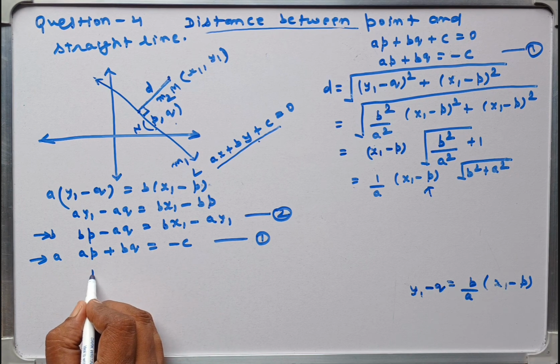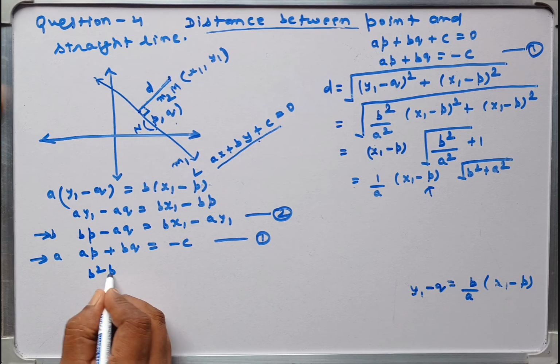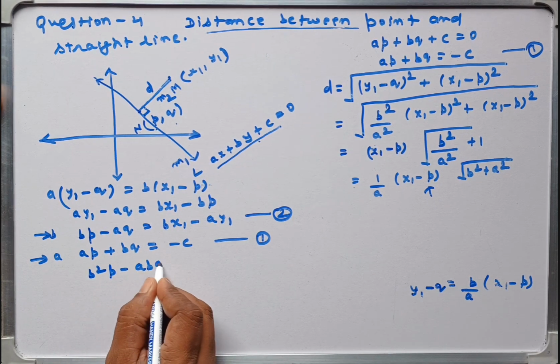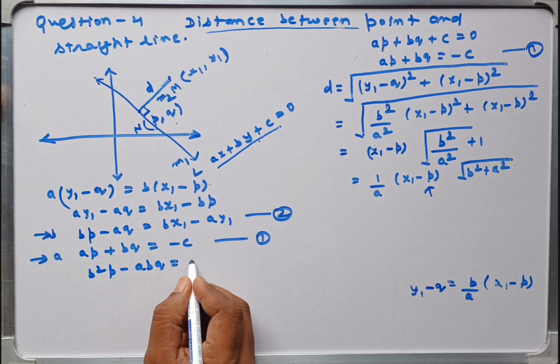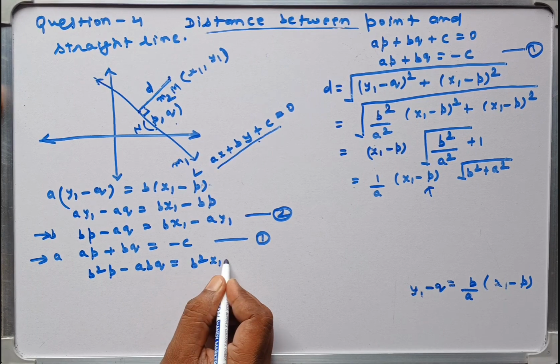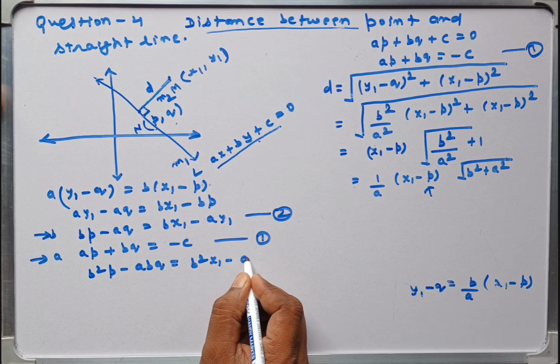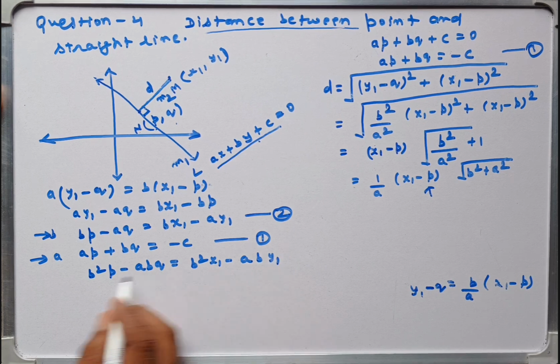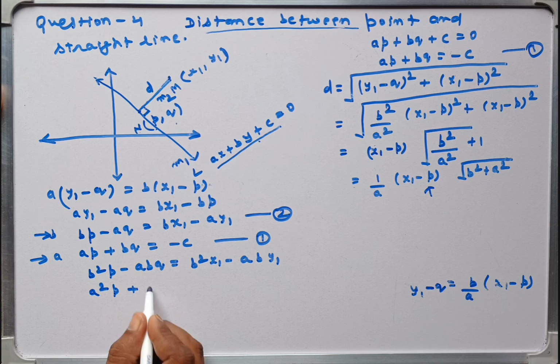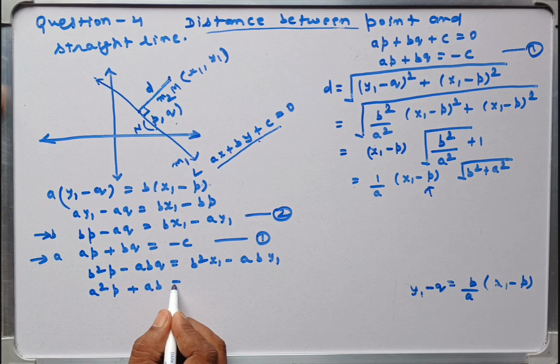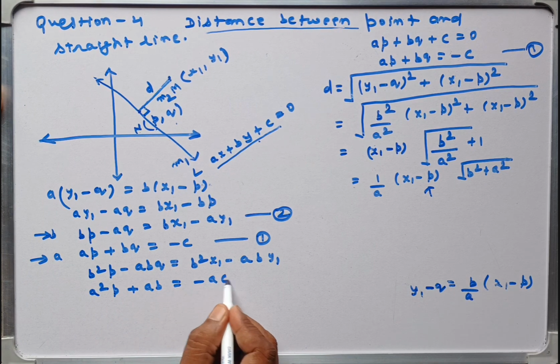See what will come: b square p minus ab q equal to b square x1 minus ab y1, and this will be a square p plus ab q equal to minus ac.